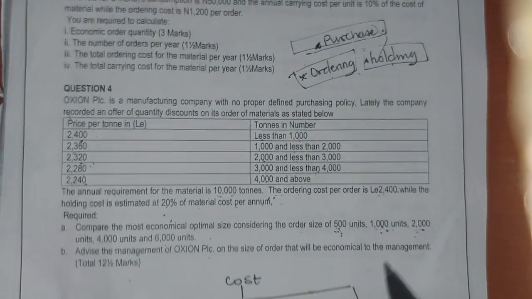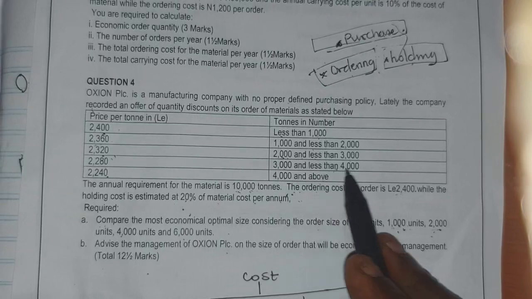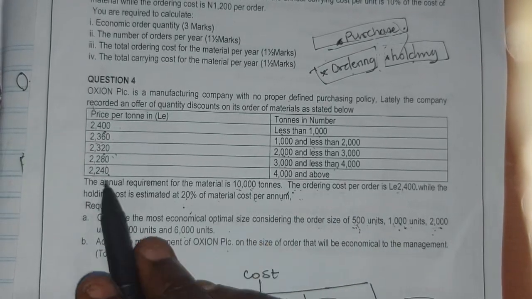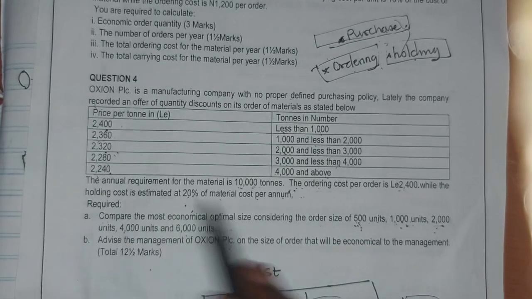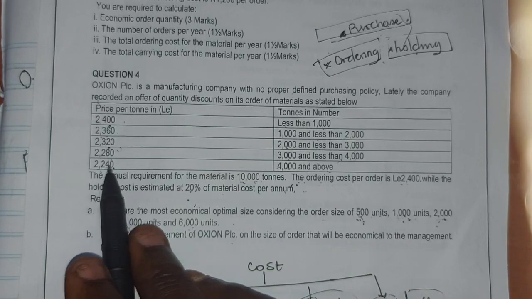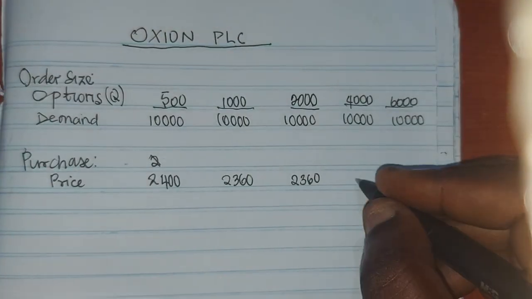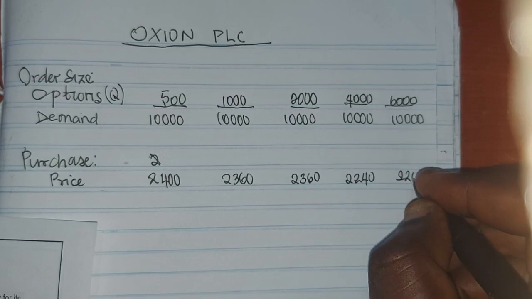Then for 4,000, we make use of this price. For 4,000 and above, 4,000 and 6,000 fall within this range, and this is the price: 2,240.